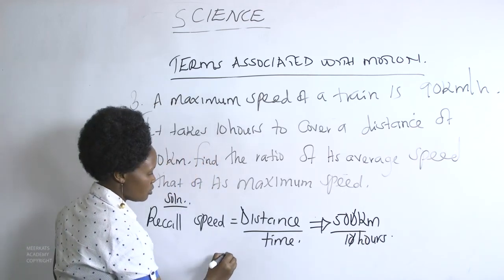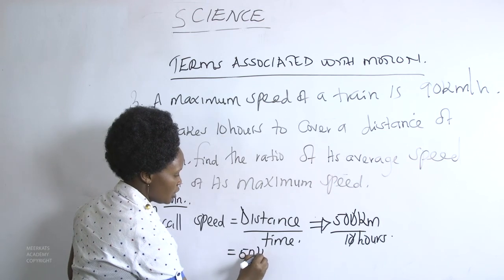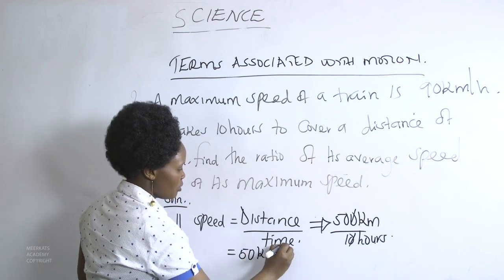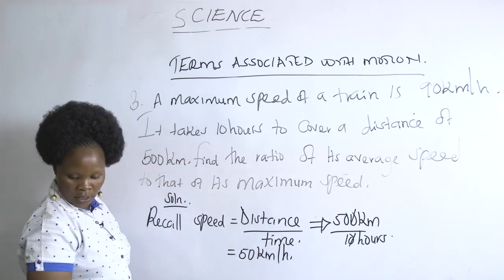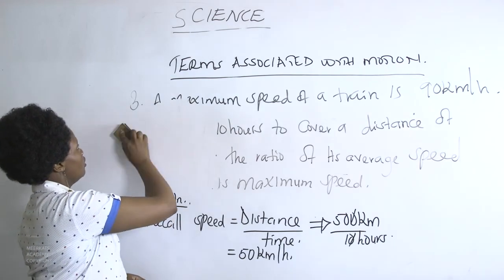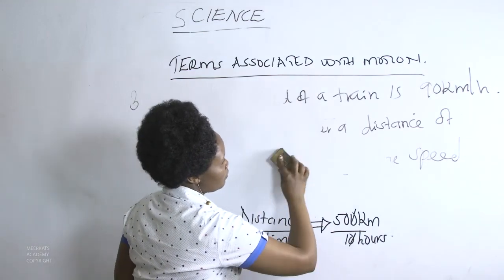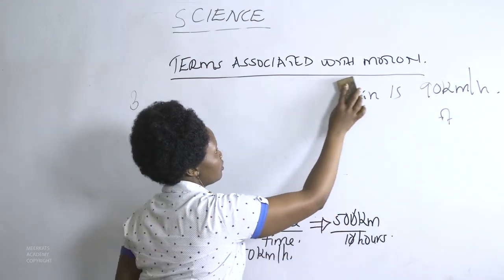We can cancel so that we are left with 50 kilometers per hour. That was the average speed of the train for that journey.